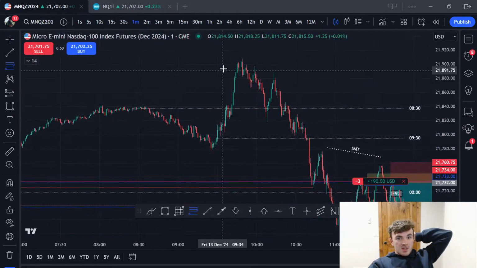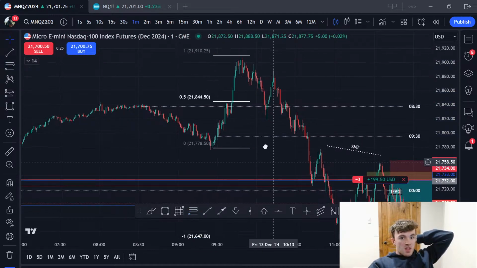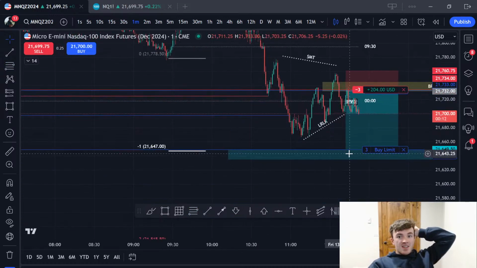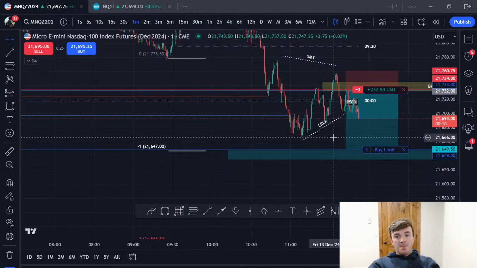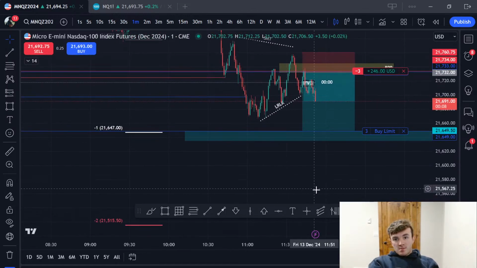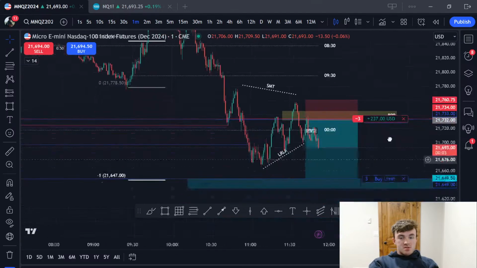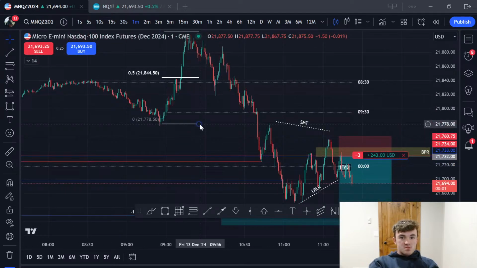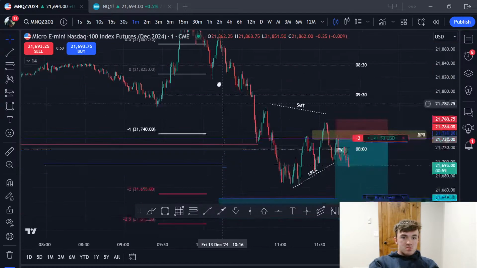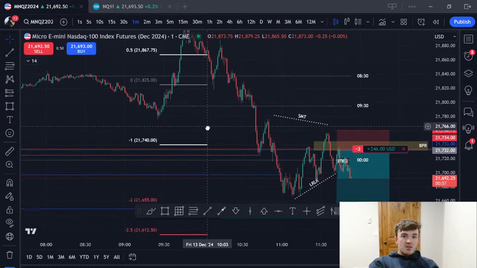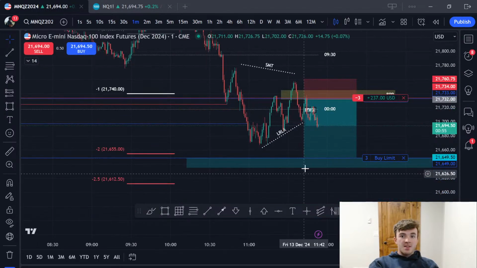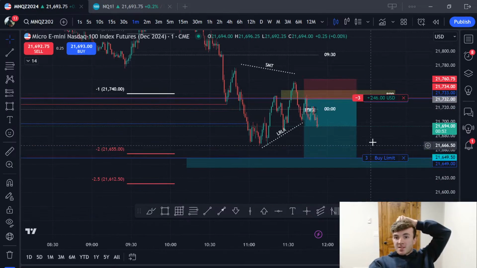If you measure out the standard deviations of this, what do you get? Oh, look at that. The -1's right at that new day opening gap. It's a nice confluence. Same thing: -2 to 2.5 from this one is right here at the new day opening gap. It's a nice confluence as well.